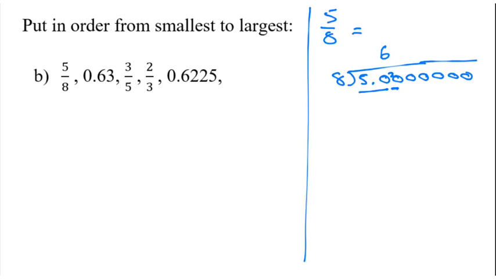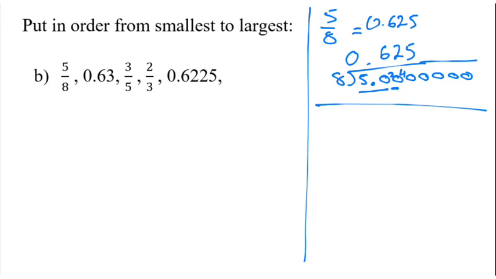Now 8 into 20, 8 times 2 is 16, so that would give me a remainder of 4. Then 8 into 40, that's going to give me 5. Then my decimal point, I'm just going to put in exactly the same position, and so 5/8 is the same as 0.625.